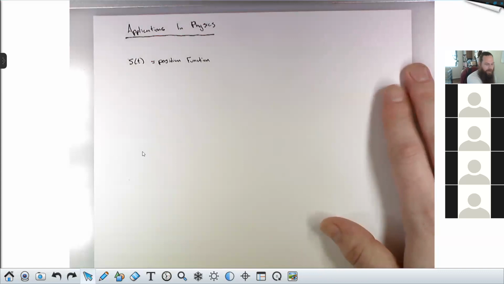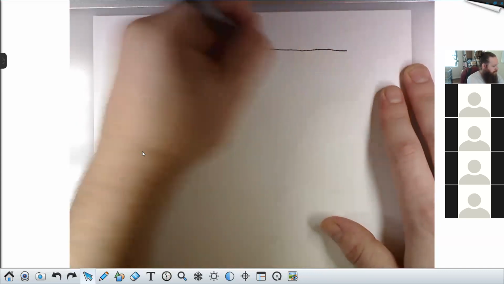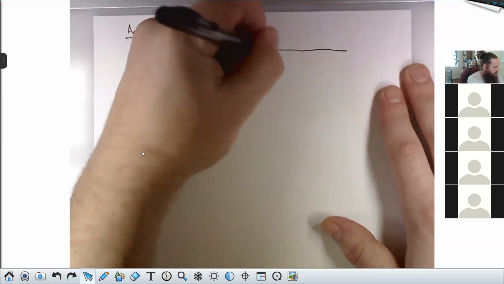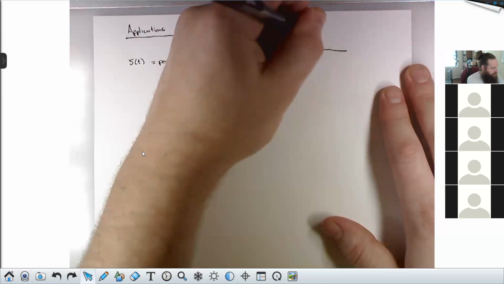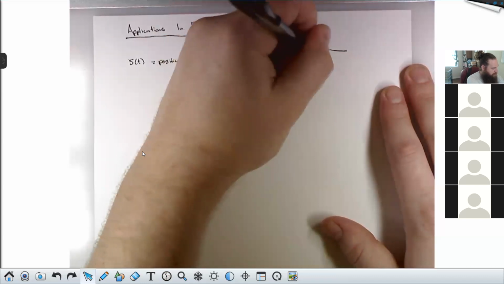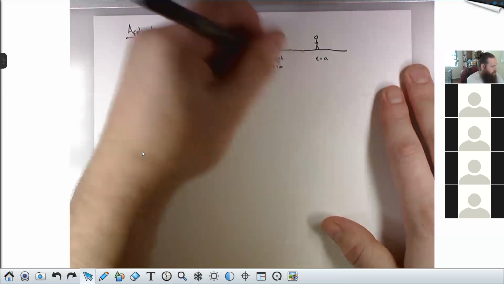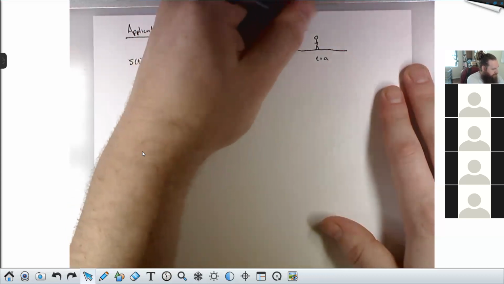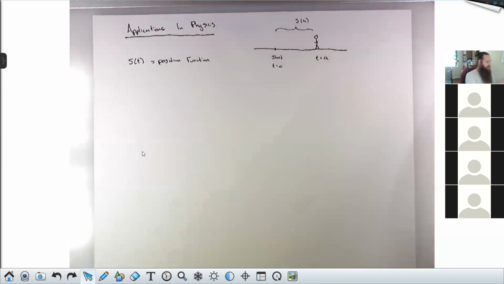It says how far I am from home. If I started over here, but at some time t equals a, start over here at time t equals 0, then this distance here is S of a.